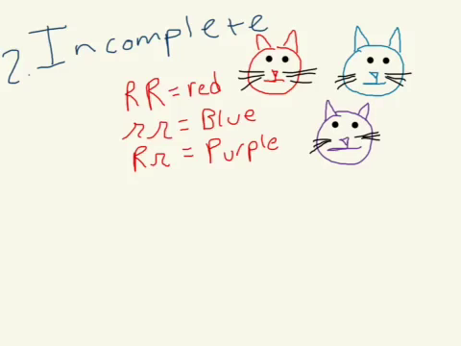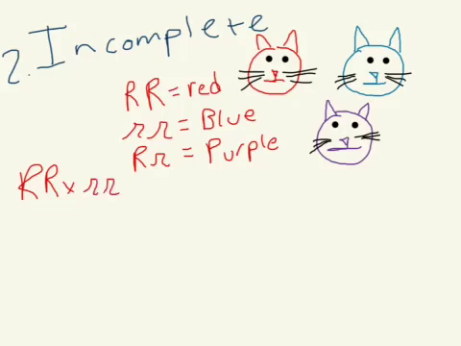So in this example, we can go ahead and set up our cross. We defined our alleles, we have all three possible types, and we also have our parent cross, which is the red with the blue.